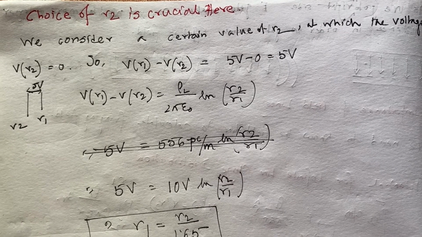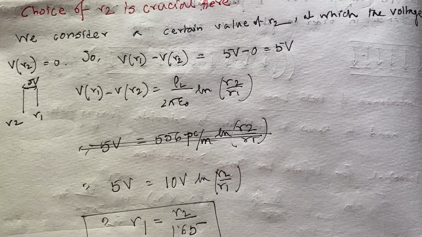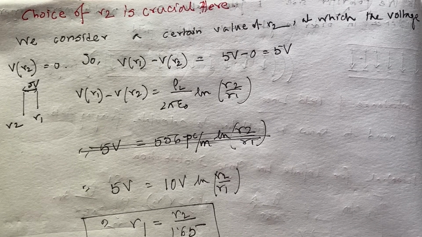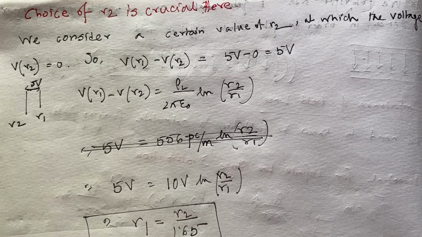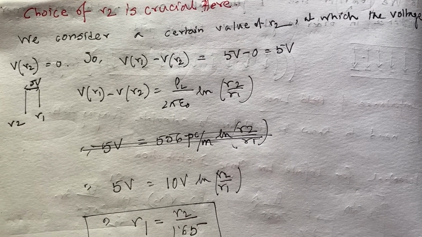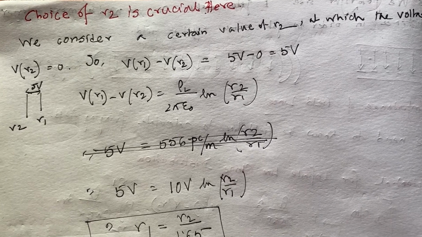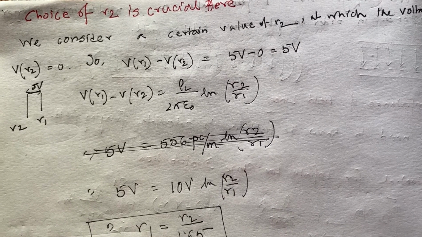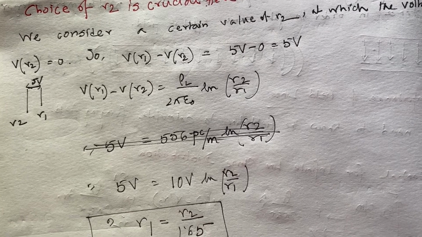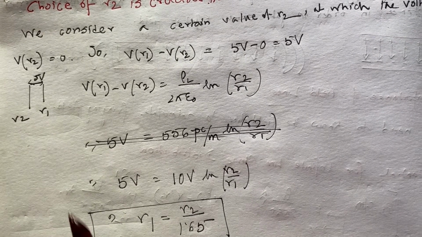In case of line charge distribution, we cannot take infinity as our reference point with 0 potential. Other than infinity, we can take any point. So as we have the freedom to take any point as our reference, a point which has 0 potential, I will be choosing R2 equal to 16.5 centimeter.